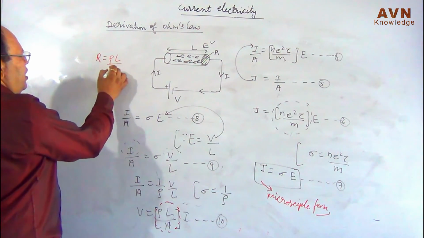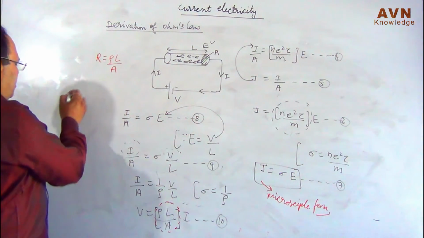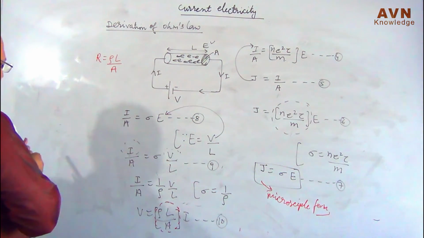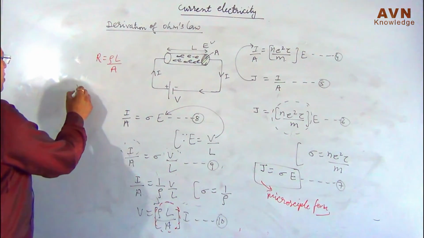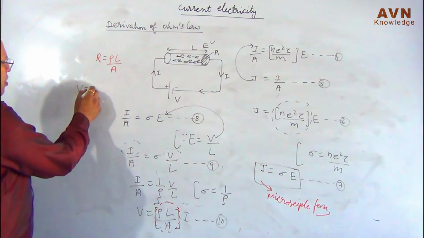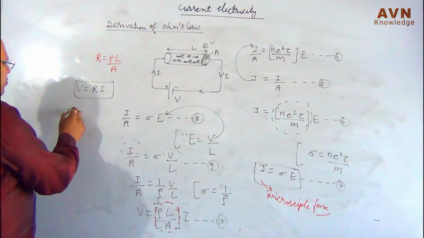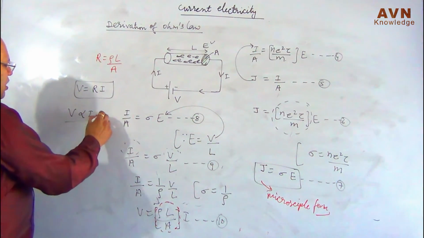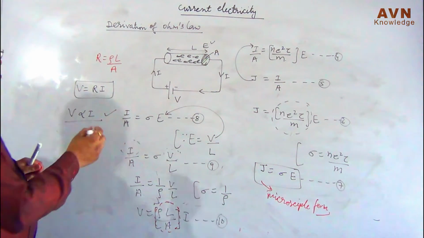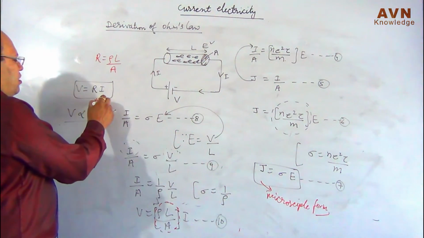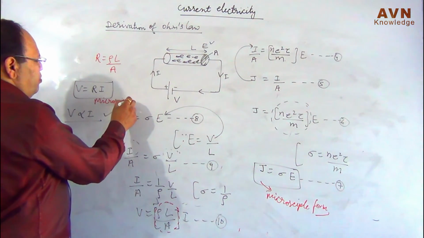Resistance is rho L upon A. When you put the value of rho L upon A as R, then V equals R into I, and we can say V is proportional to I. This is the formula of Ohm's law.